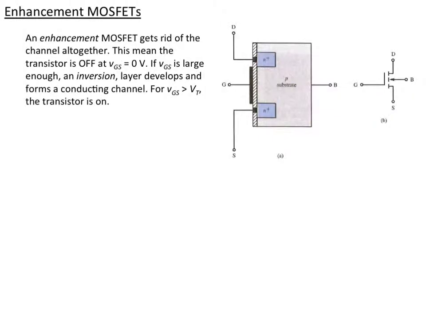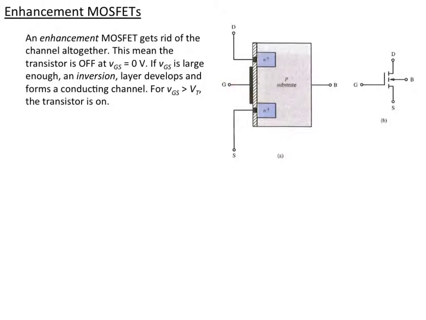Now, finally, the last kind of FET transistor we talk about is the enhancement MOSFET. In this case, we get rid of the channel that we had in the depletion MOSFET. That means the transistor is off if we don't put a gate voltage.